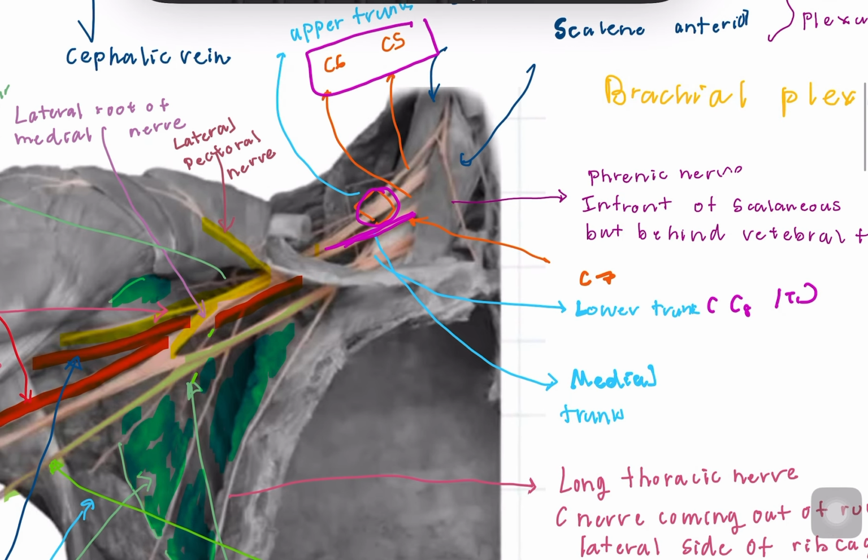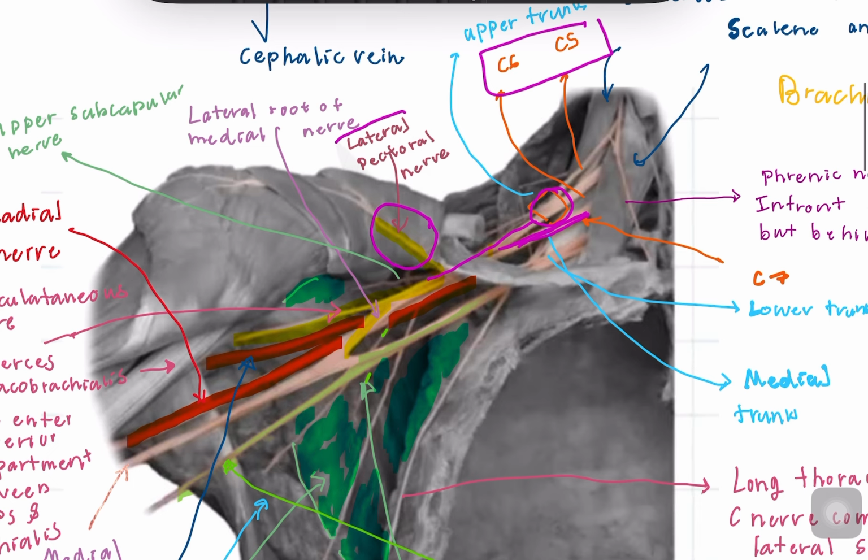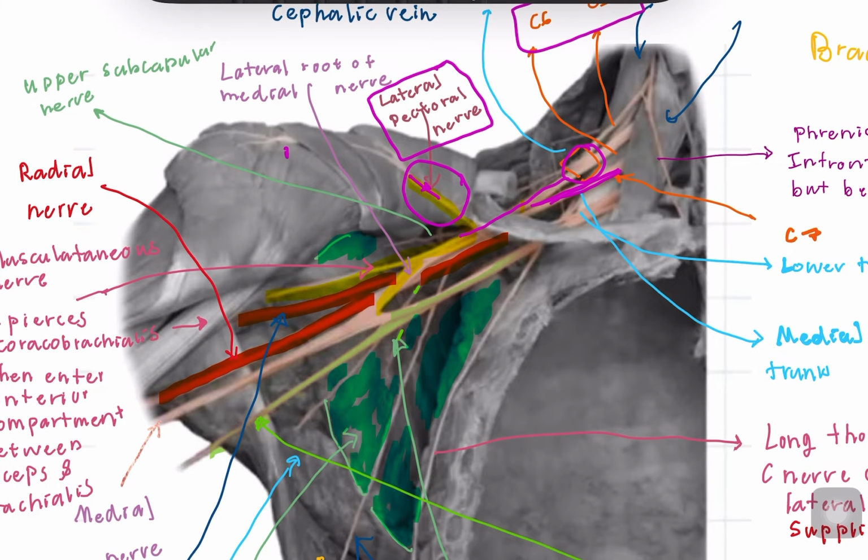And then this one, the upper trunk, forms the lateral cord. So from the lateral cord, the lateral pectoral nerve originates. So you can see the lateral pectoral nerve is going to the pectoralis major.